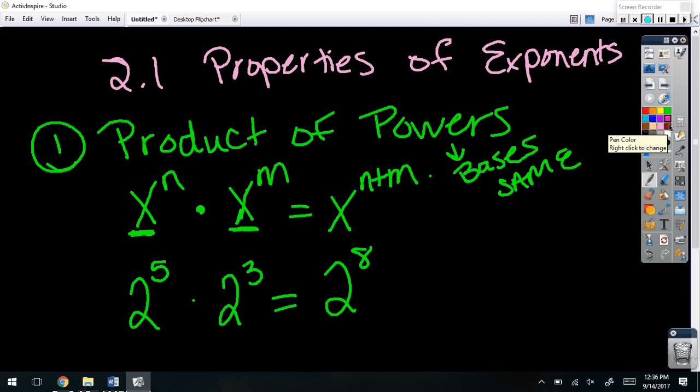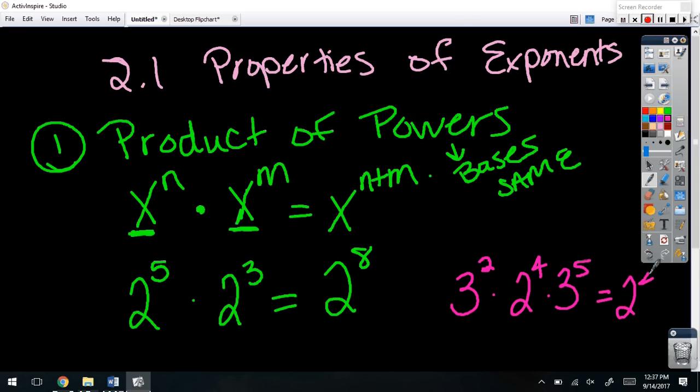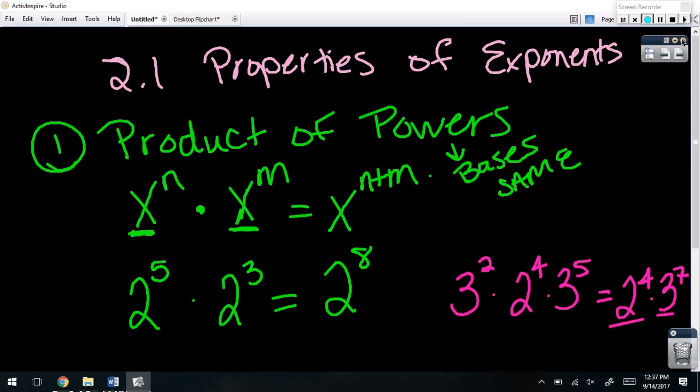Now, if the base is not the same, you can't do this. So if I had 3 to the 2nd times 2 to the 4th times 3 to the 5th, it simplifies as 2 to the 4th times... You can't multiply these 2 bases together because they have these different exponents on them.